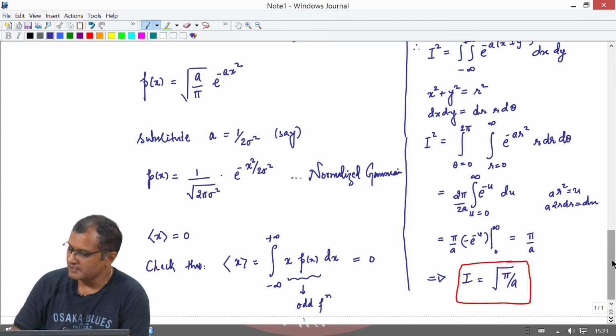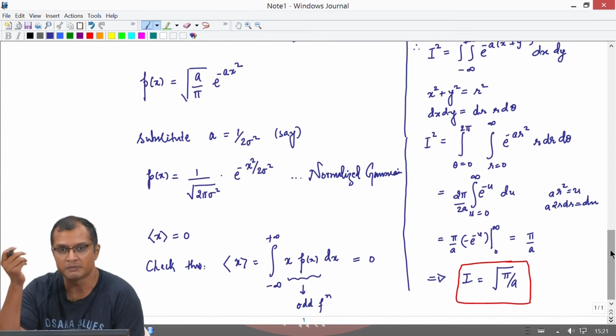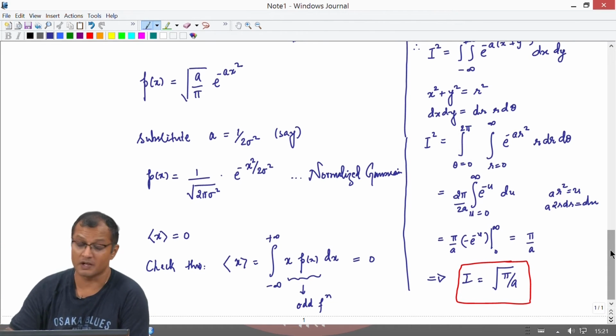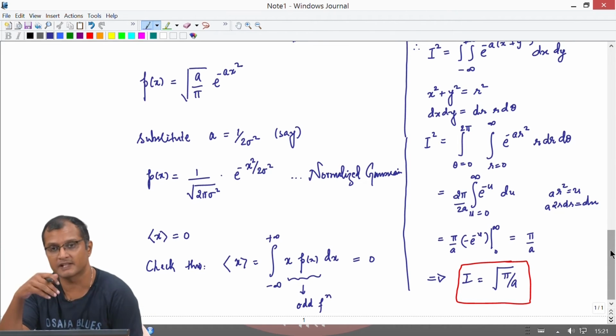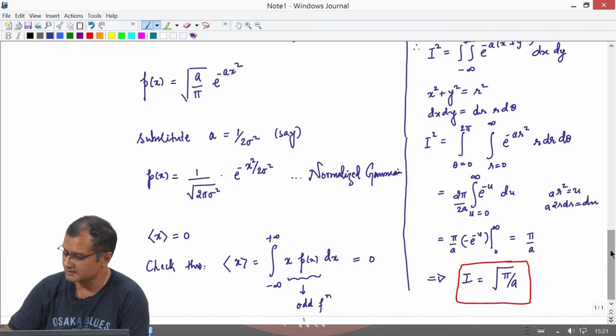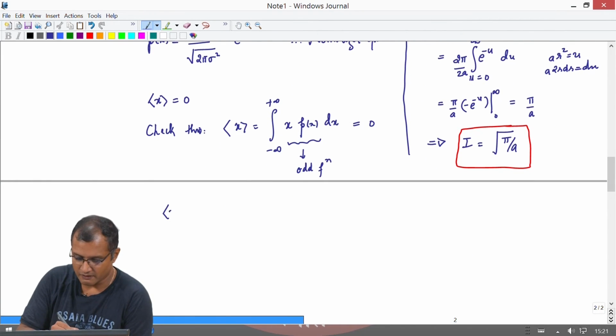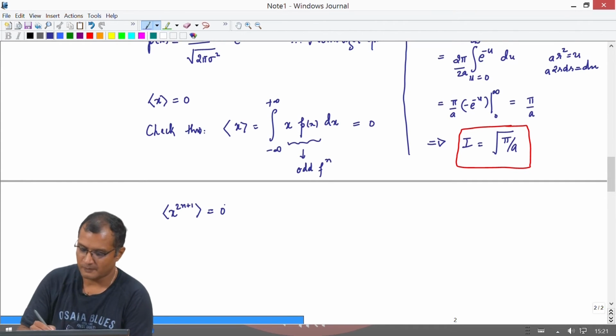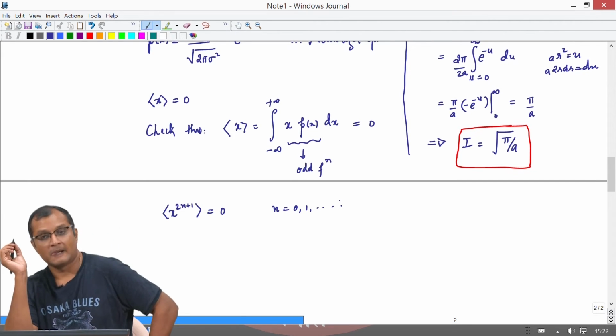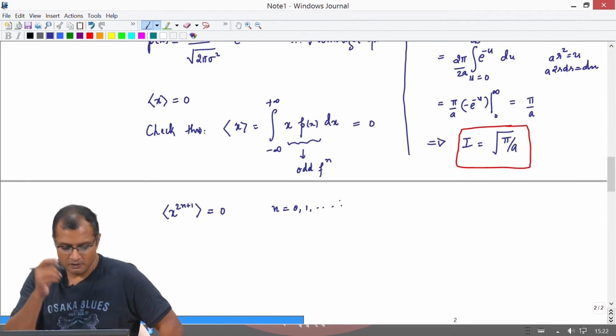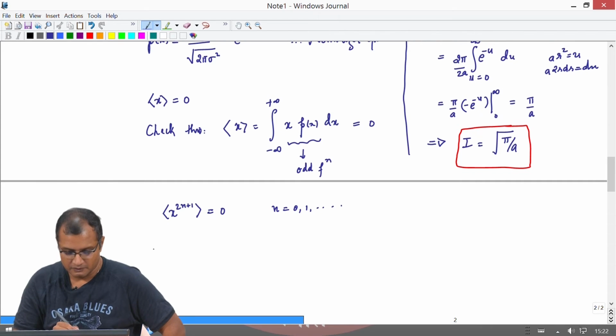In fact, all odd moments of x will become 0 because p of x is even by itself. Okay. So, you can write down x to the power 2n plus 1 will be 0 for any n. But we can also write down a Gaussian distribution with finite mean. Okay.